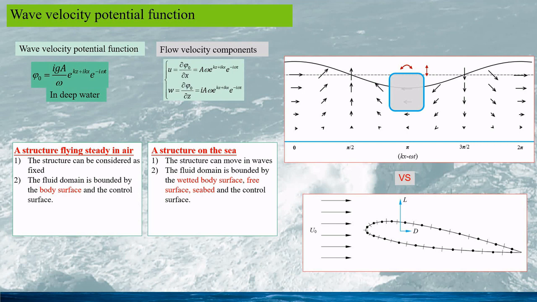The fluid domain is simply bounded by the body surface and the control surface for the body flying in the air, while the structure on the sea would be bounded by the body surface, free surface, seabed, and the control surface. The flow is steady and uniform for the flying body, but the flow is changing with both the time and the position for the structure on the sea.